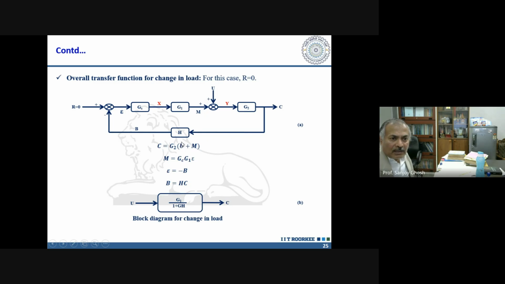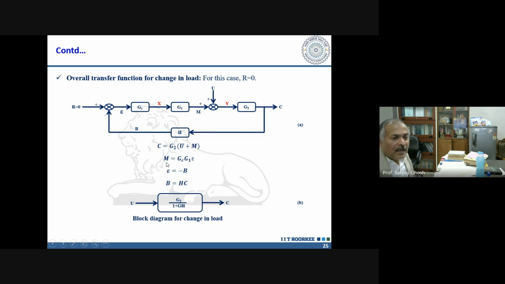C is equal to G2 into Y, and Y is nothing but M plus U. So C is equal to G2 into Y, where Y is equal to U plus M. Then M is what? M by X is equal to G1, and so M by E will be equal to GC into G1.